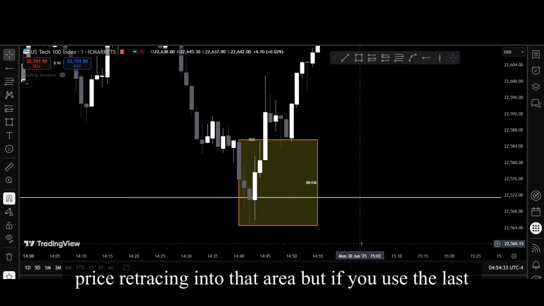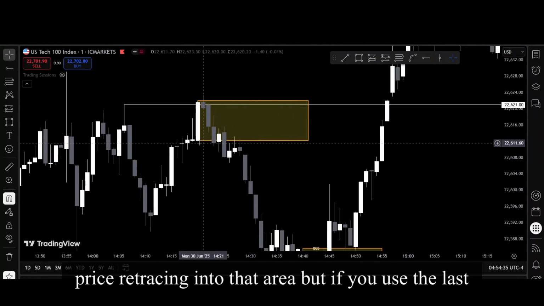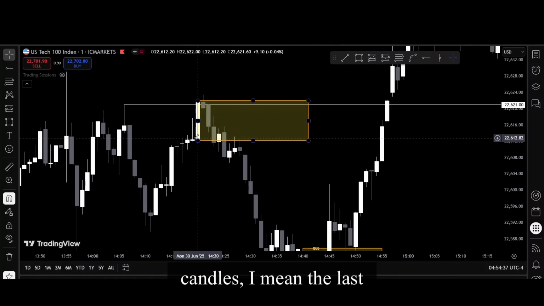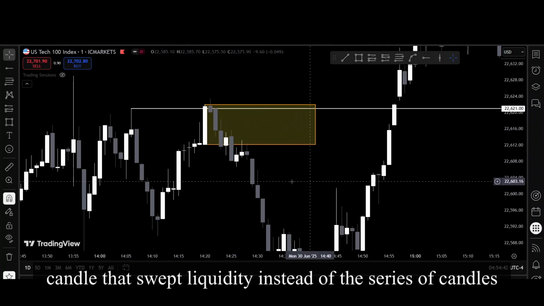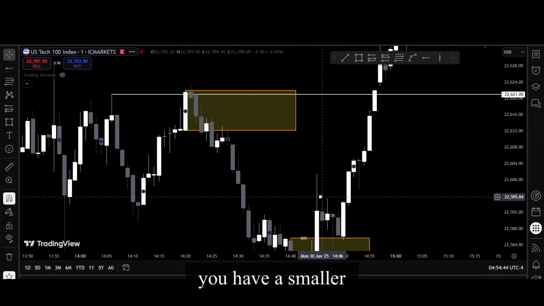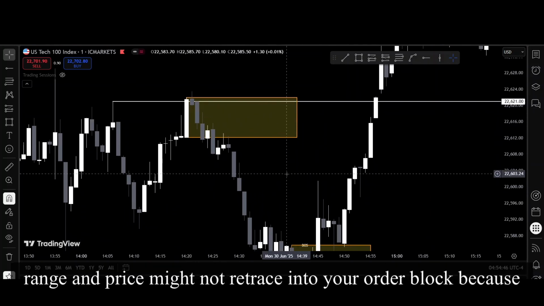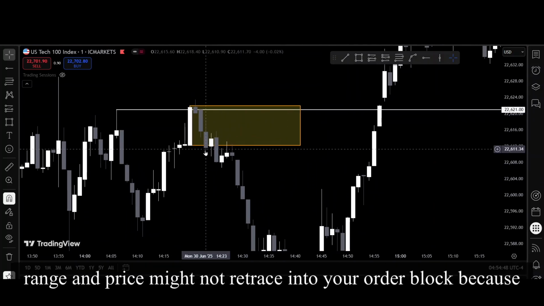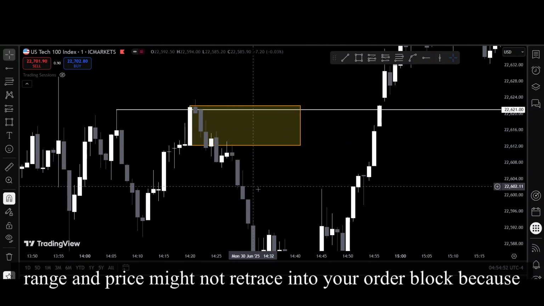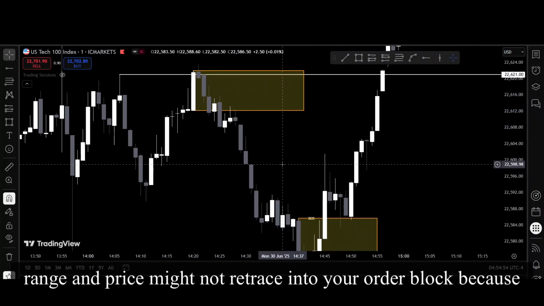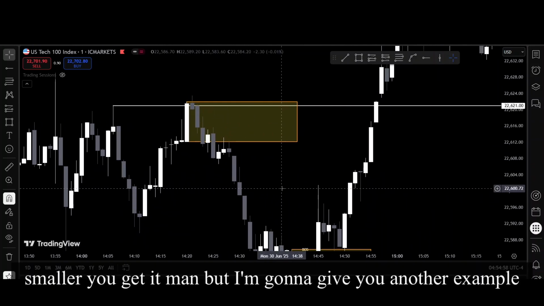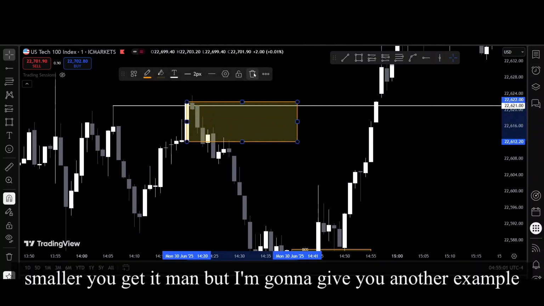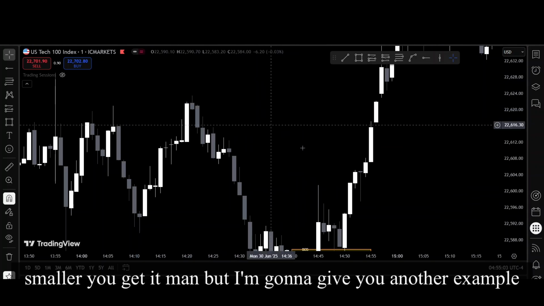But if you use the last candle that swept liquidity instead of the series of candles, you have a smaller range, and price might not retrace into your order block because your range is smaller. You get it, man. But I'm gonna give you another example.